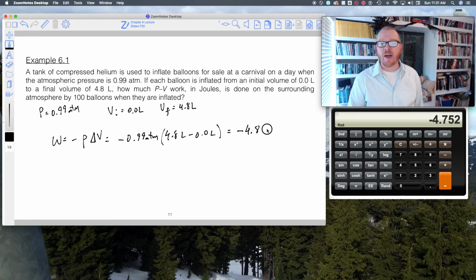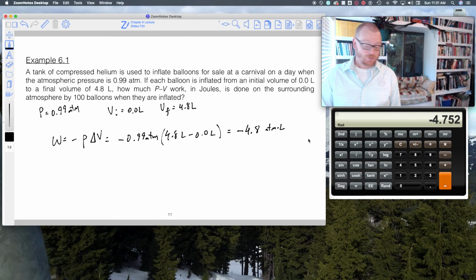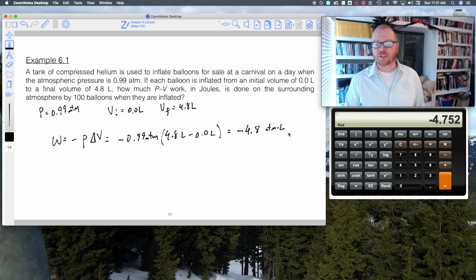And then the units of that are atm liter. Okay, and I know from my conversion factor that 1 atm liter is 101.32 joules. Right, so that's how I can use that.